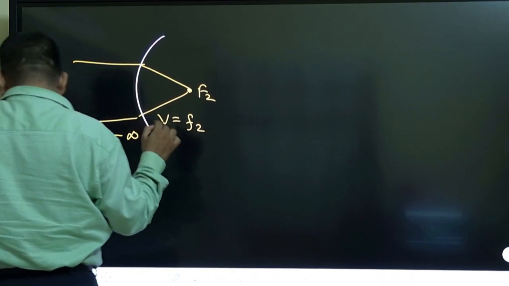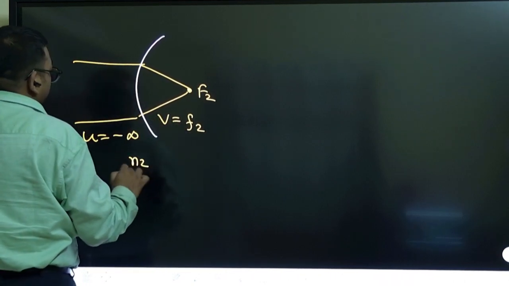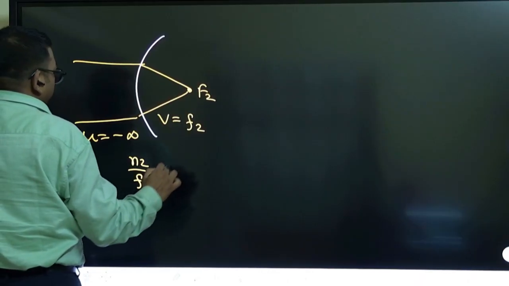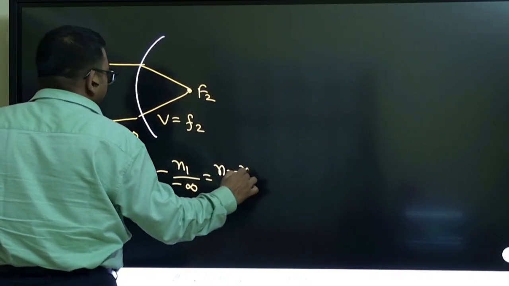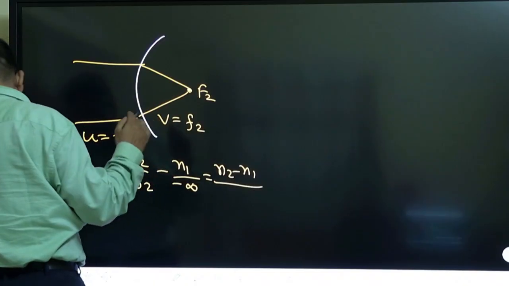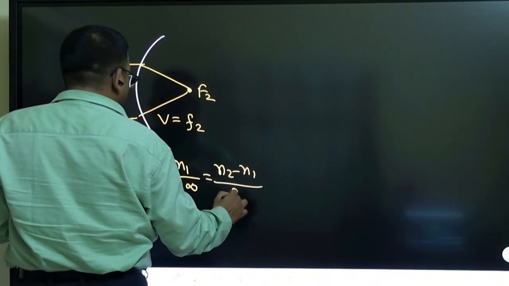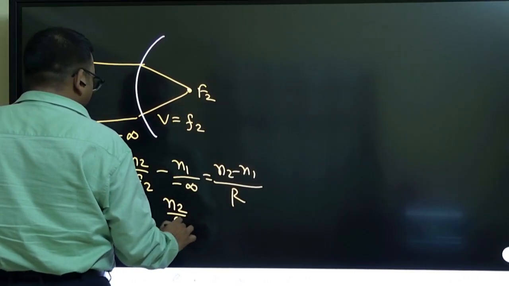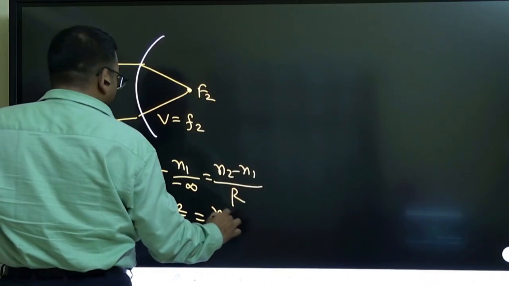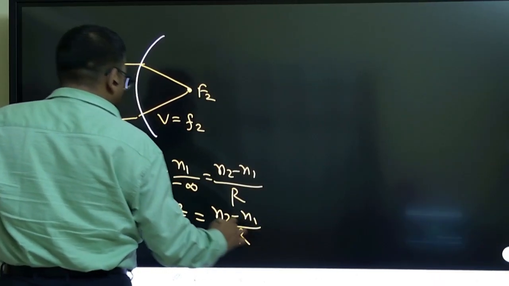Now you use this formula: n2 by v, which is f2, minus n1 by u, which is minus infinity, is n2 minus n1 by radius of curvature. This radius is positive only, so let us write plus. So from here we get n2 by f2 is equal to n2 minus n1 by r. Right, that's the definition.